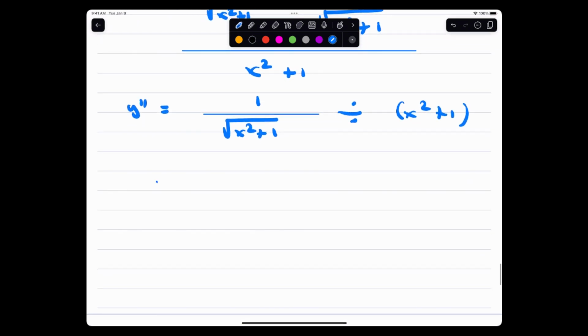And so your final answer will be 1 over x squared plus 1 square root x squared plus 1.